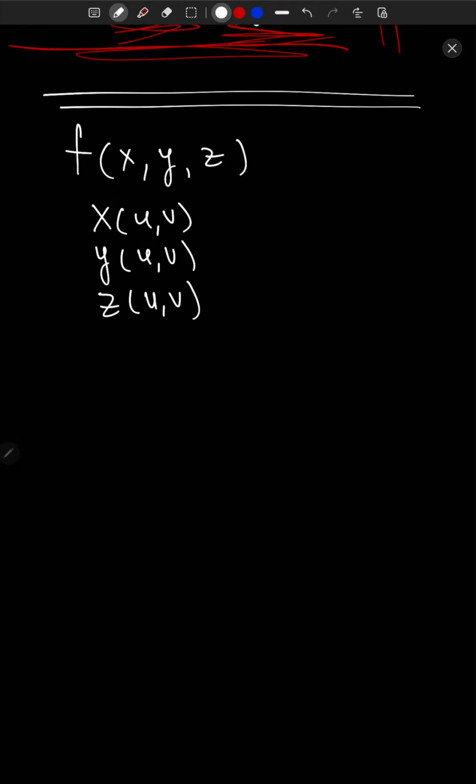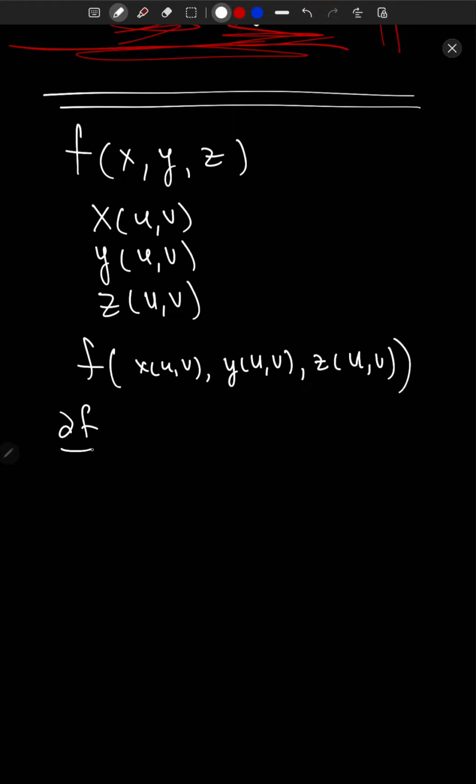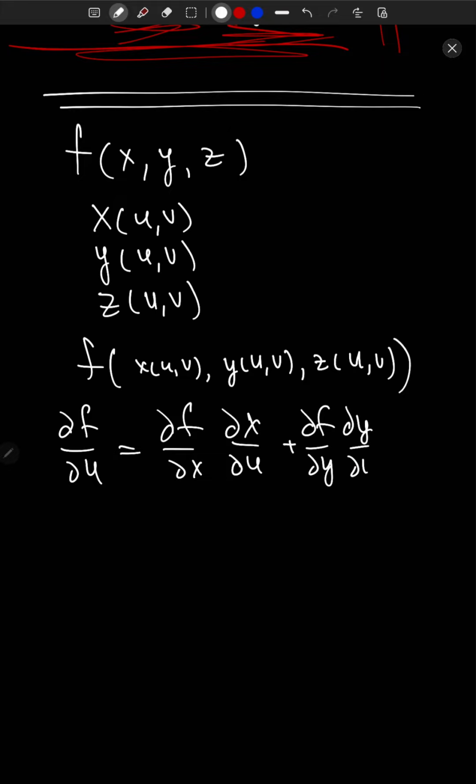Then we could again think of the composition function, f of x of uv, y of uv, z of uv. What would df/du be? That would be df/dx dx/du plus df/dy dy/du plus df/dz dz/du.